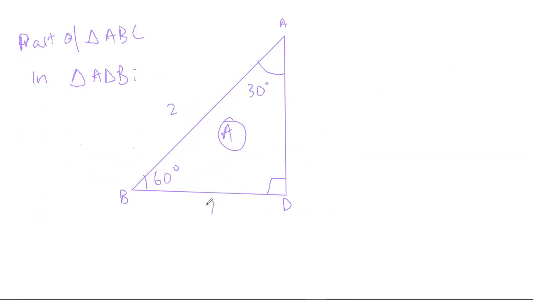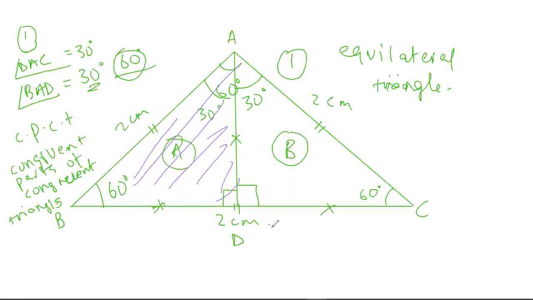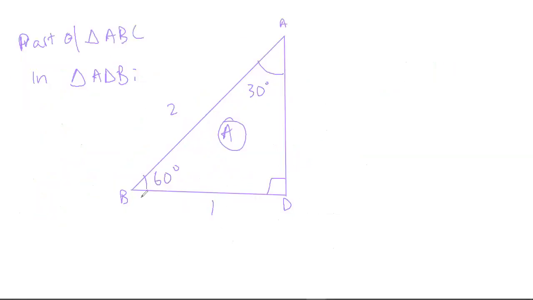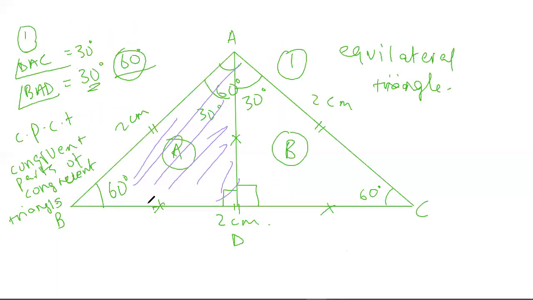Now how did this come 1? You might notice that in the earlier triangle I had referred to this as 2 centimeters. But now in this whole new triangle ADB, which is also part of triangle ABC, I have referred to side BD as 1 centimeter. Why is that so? Because earlier I had mentioned that I could make side BD equal to DC.